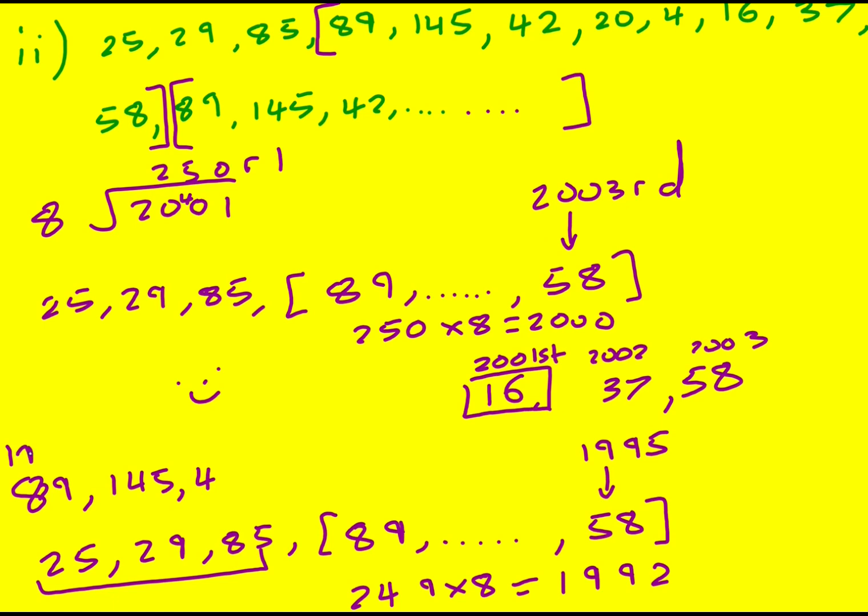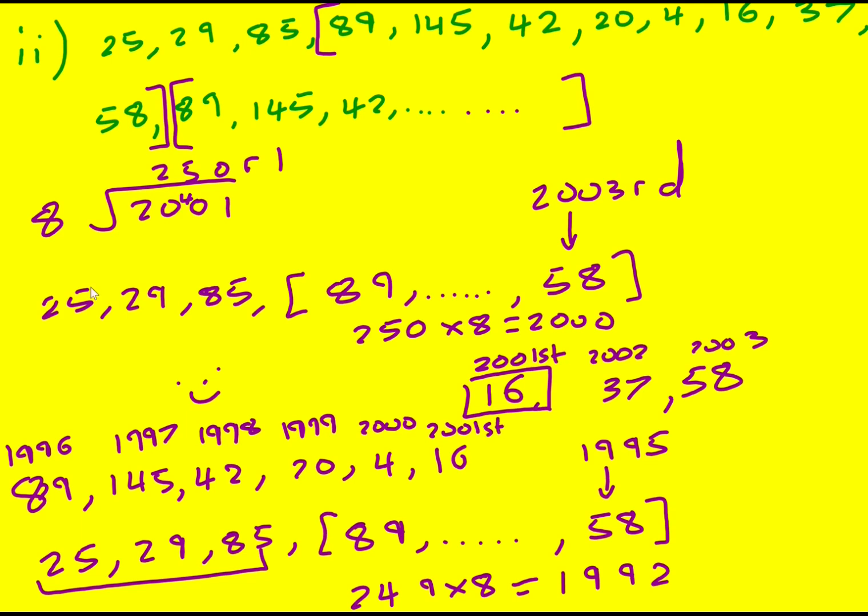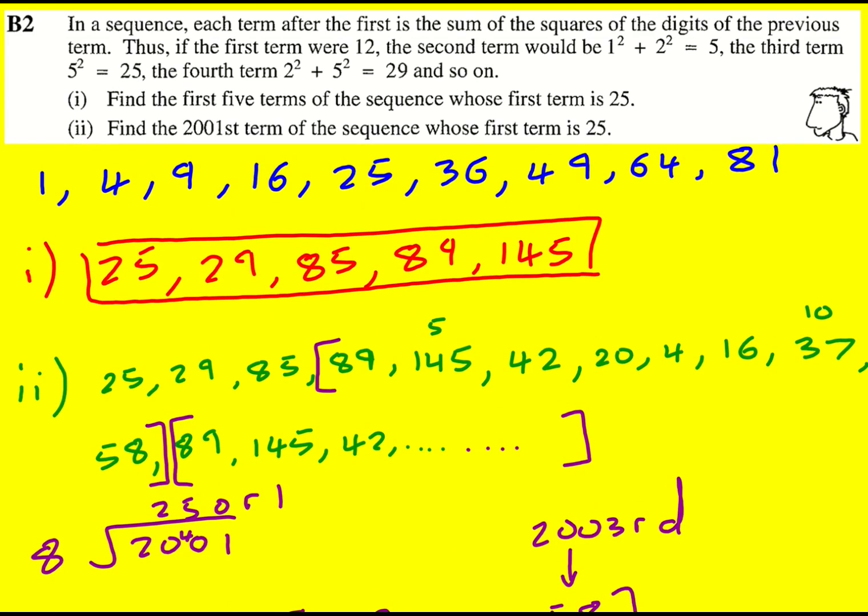This is 1996 because I've got 1995. This is 1997. I think this way is more complicated. Then I've got 42, then 20 and 4 as the 2000th, and then 16 as the 2001st. Okay, so just a different approach, but that is our final answer.